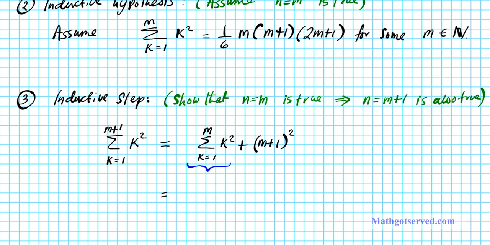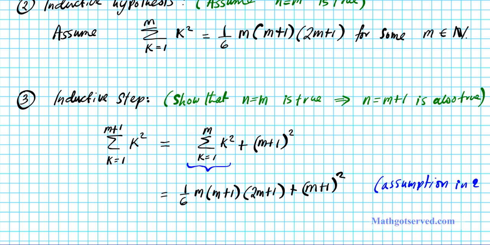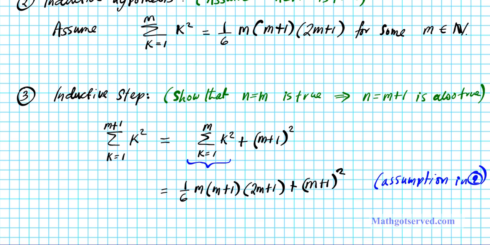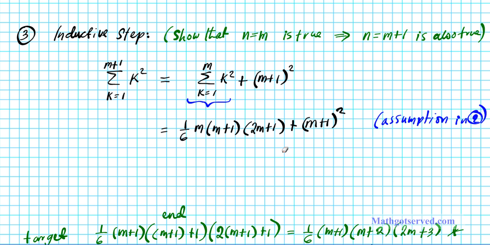So this is going to be equal to 1 over 6 times m plus 1 times 2m plus 1 plus m plus 1 quantity squared. This is based on my assumption in 2, which is our inductive hypothesis. All right, so this is good.